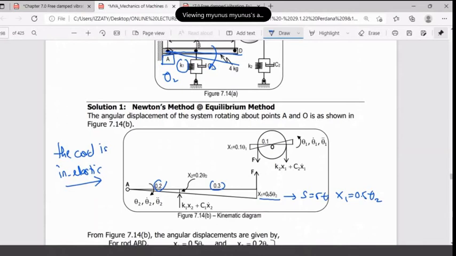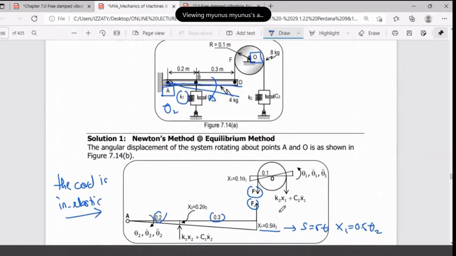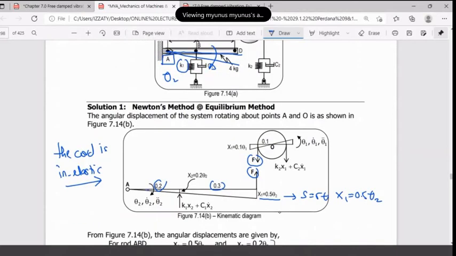So you cut the cord here, so that you can construct the free body diagram. This one is F, this one also F, pointing at each other because we have a two-force member here, right? Why is it pointing upward? Because you displace one downward, so this one will not allow you to move. We call it a restoring force. It's pointing upward.